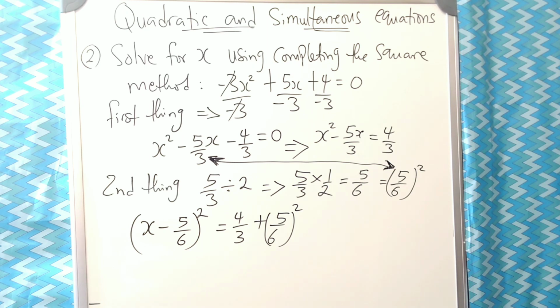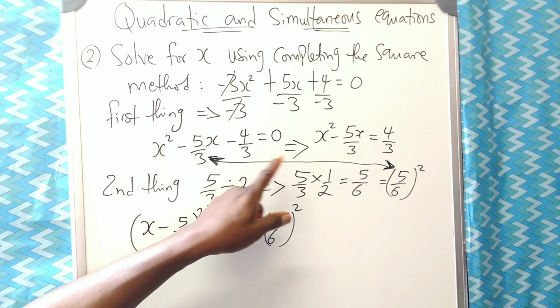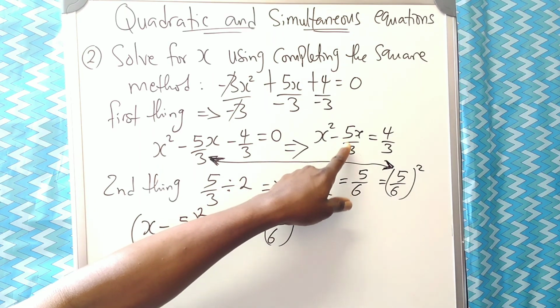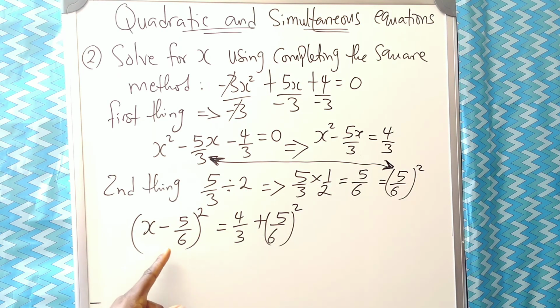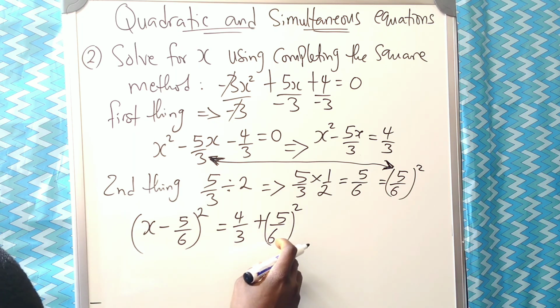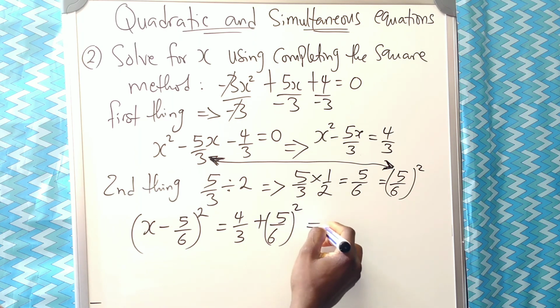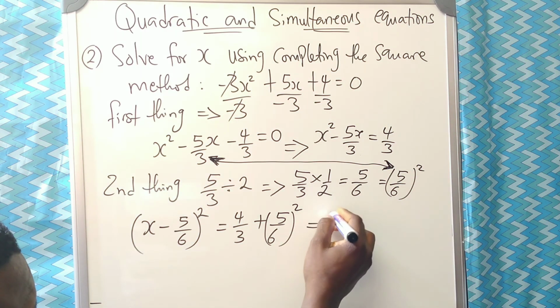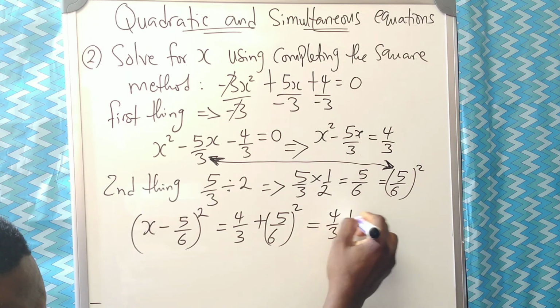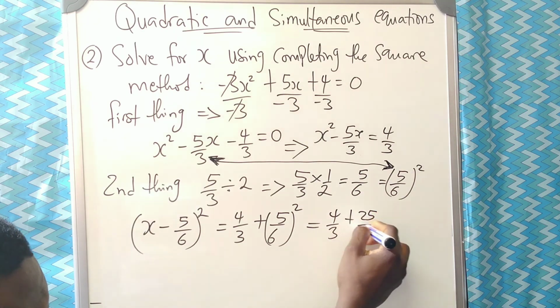All right, it's very simple. I have replaced this value minus 5 over 3 with the square of that value, and now it's a completed square. All right, now we can also resolve this. It can become 4 over 3 plus 25 over 36.